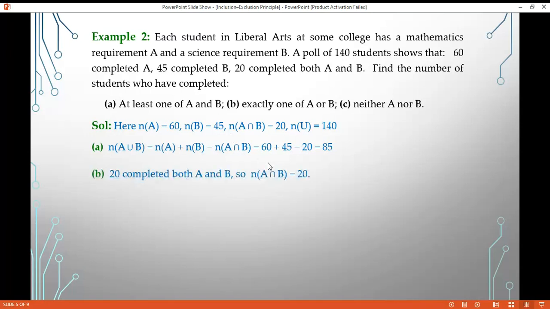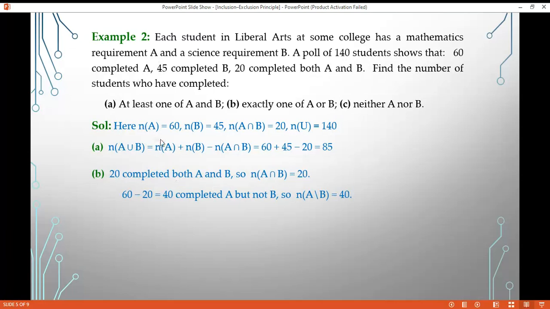Okay, so now in the second part, exactly one of A or B. What do we have here? We have 20 in both, so the number of A intersection B is 20. Now for exactly one of A and B, like the last example, exactly in A, how many students are only in A? We have to subtract from the total.